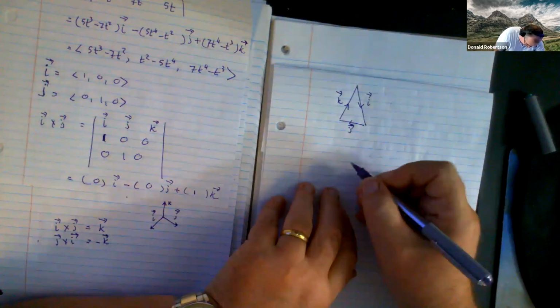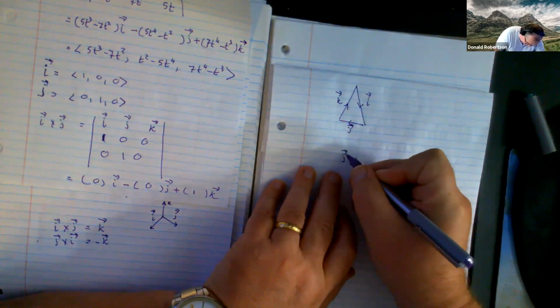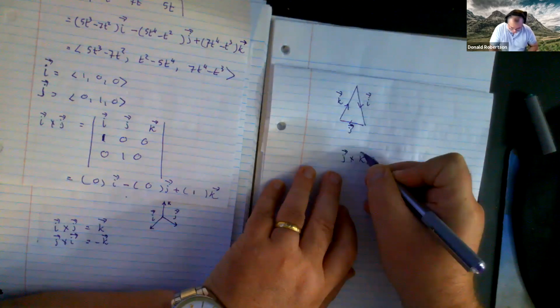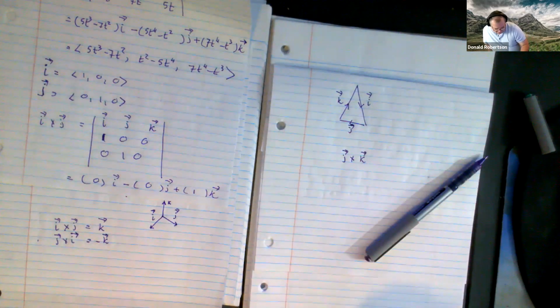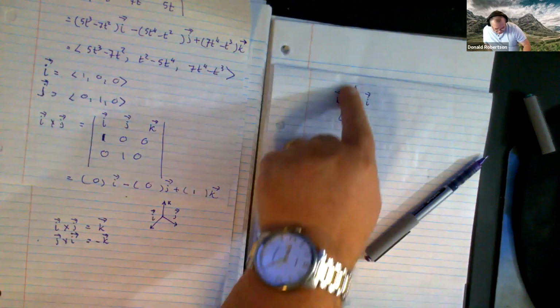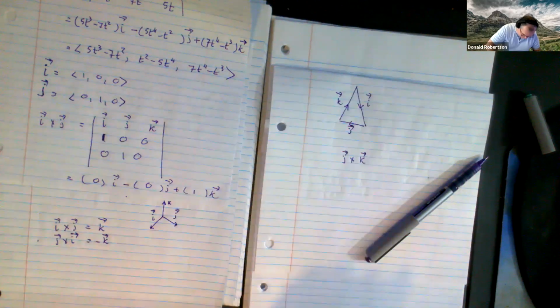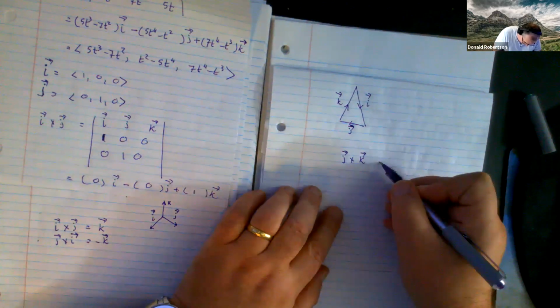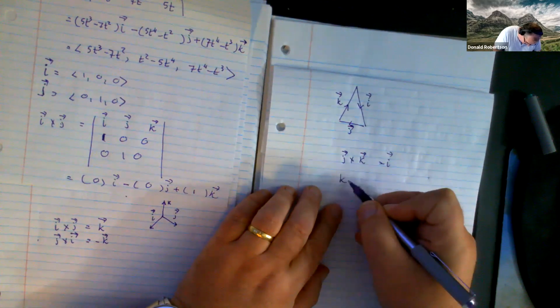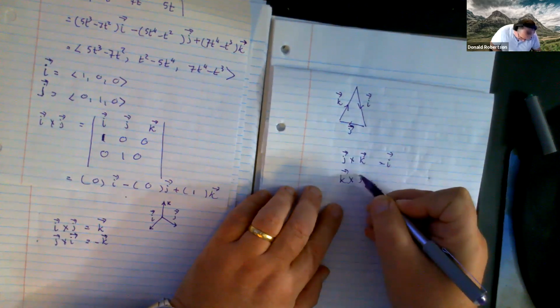Suppose you wanted to do J cross K. J cross K gets you I. You see, you're following the direction of the arrows. What will K cross J get me?